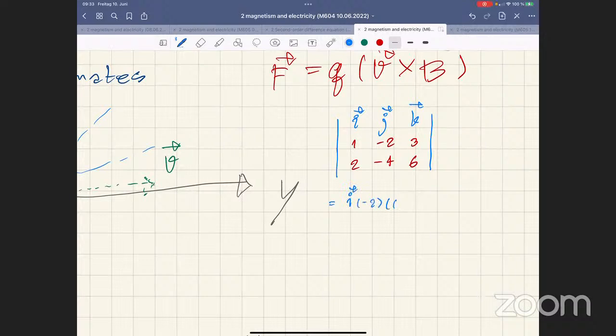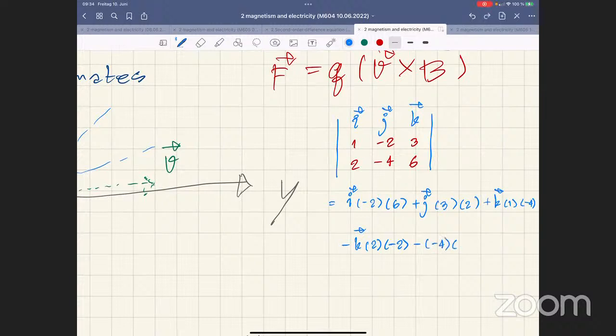-2 and 6, plus j, 3 and 2, and plus k, what is that, 1 and minus 4, right? And another one is minus of 2, minus k and 2 and minus 2, and then plus, minus 4, 3.